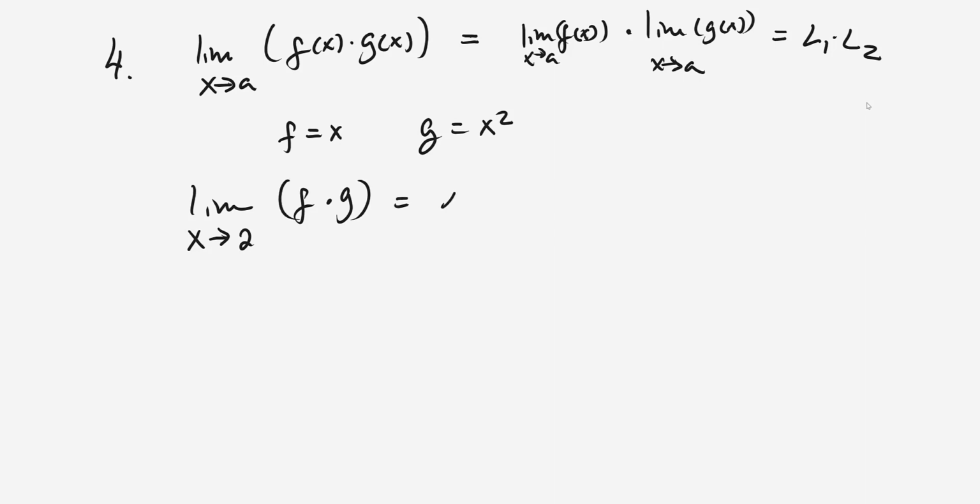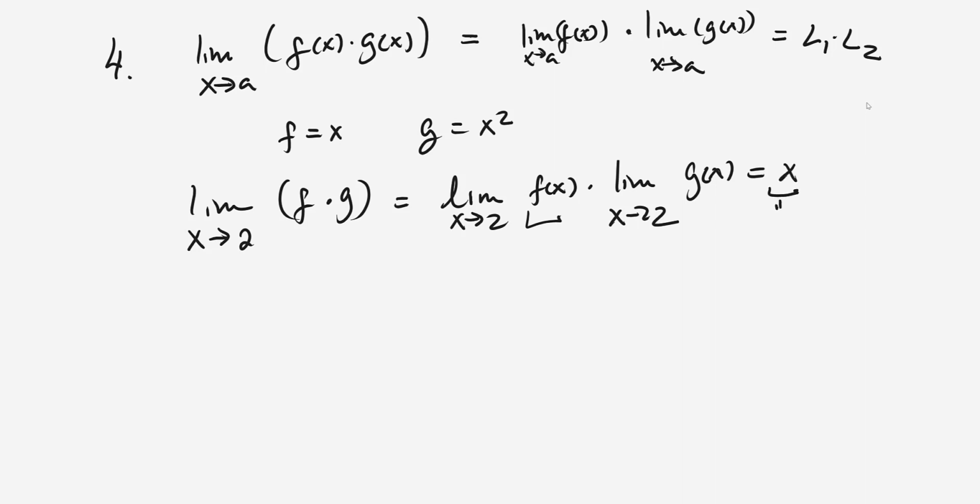It is just equal to the limit as x goes to 2 of f of x times the limit as x goes to 2 of g of x, which is just equal to x, which is equal to 2, times x squared, which is equal to 2 squared. So again, a rather simple law which works sort of intuitively, similar to what we do with equations.